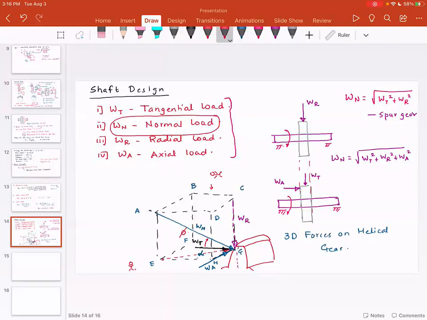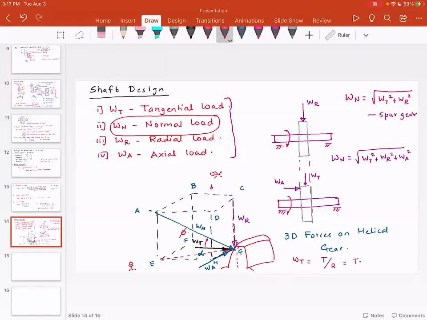So now what it means is I have this three-dimensional force system, and I have to resolve these forces when I'm going to do the gear design. And to do the gear design, assuming the alpha value is known, assuming the pressure angle value phi is known, step one is we find out the value of Wt. Wt is torque divided by the radius.